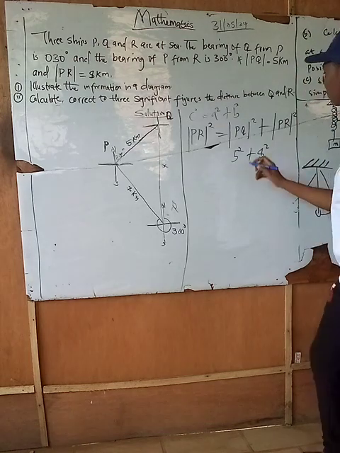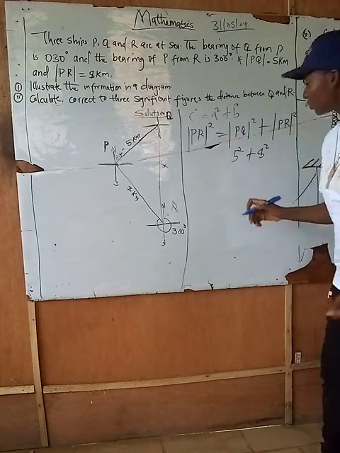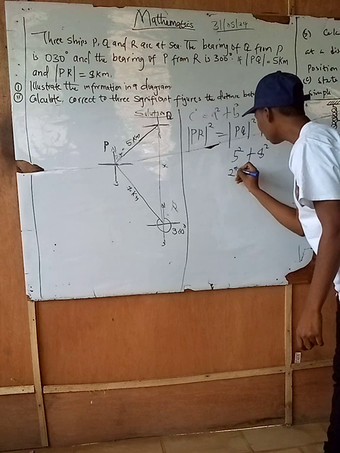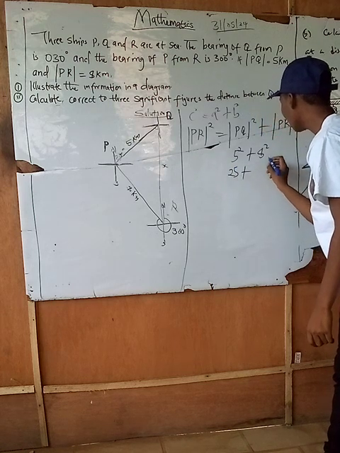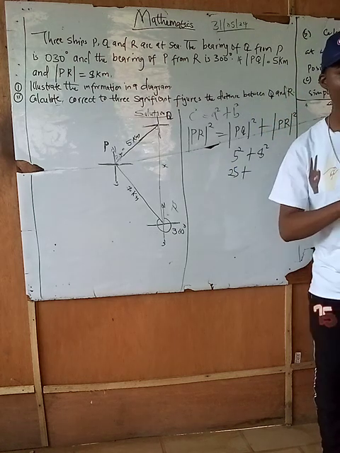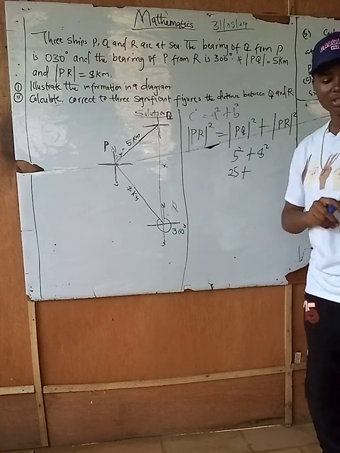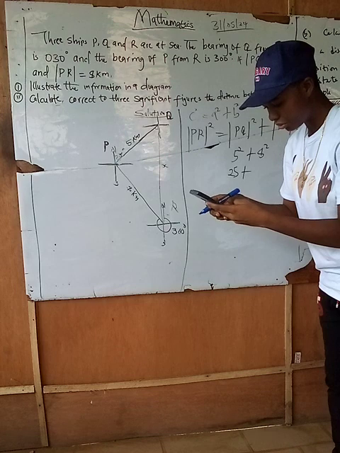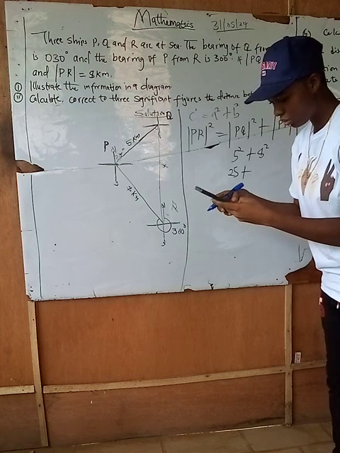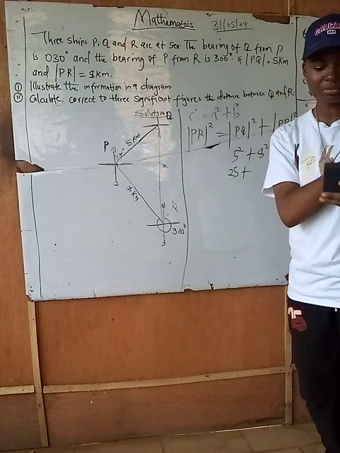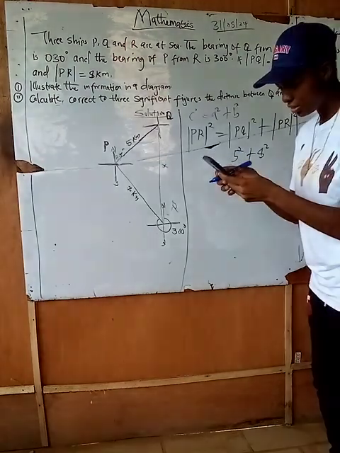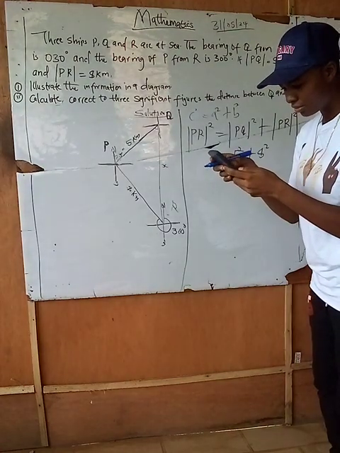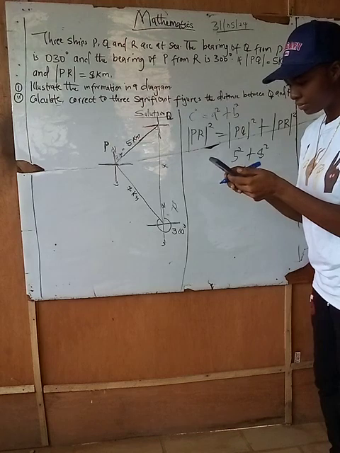Now 5 squared, we know, is 25, plus 8 squared. This should be 64, right? Let's be accurate. 8 squared, yeah, 64.